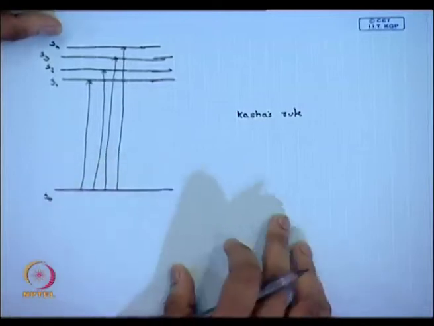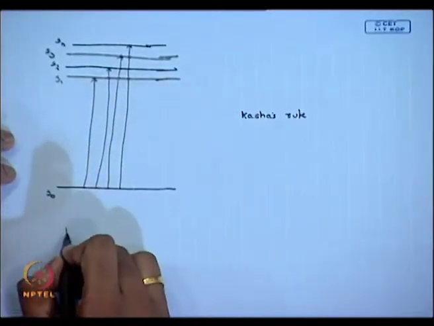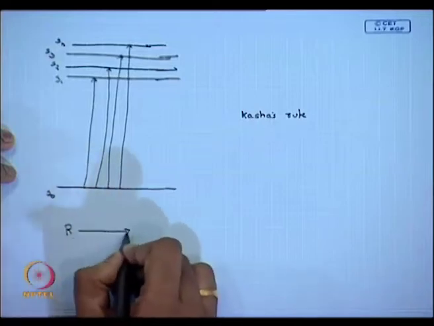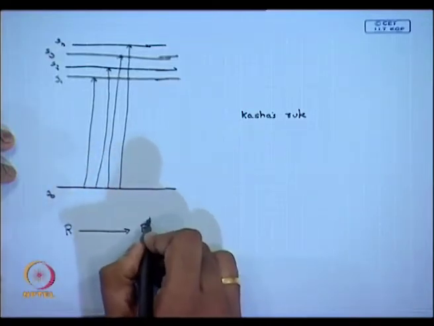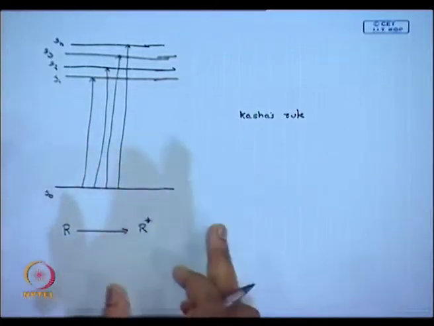Okay. Now, we were trying to understand this process R to R star. That is the first step we took; we said we will try to understand this first step in detail.